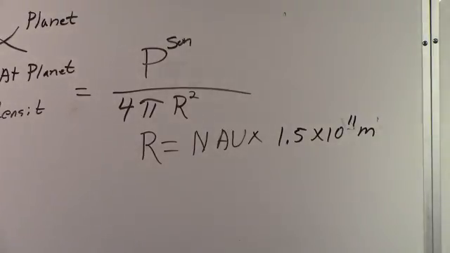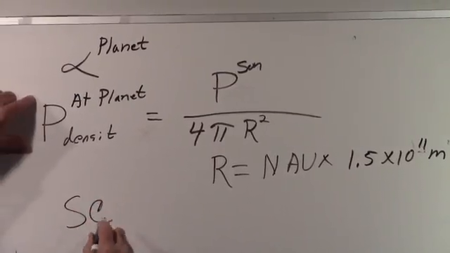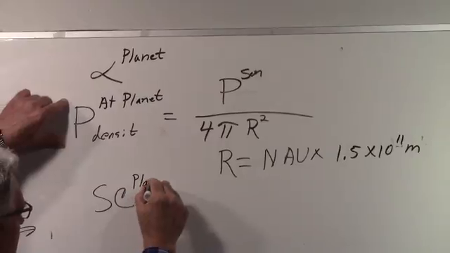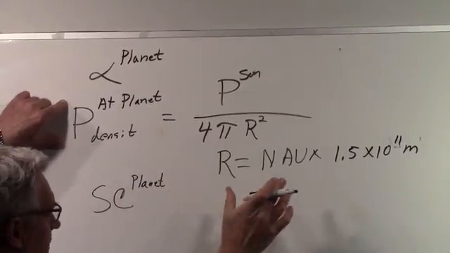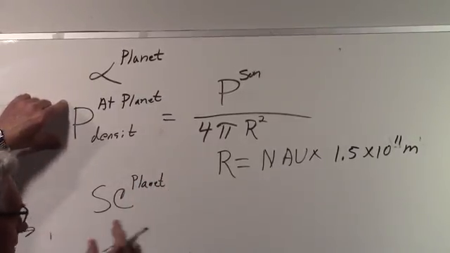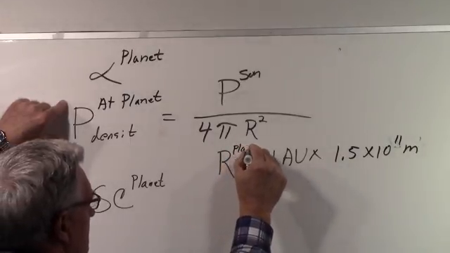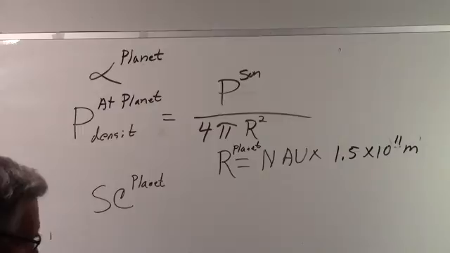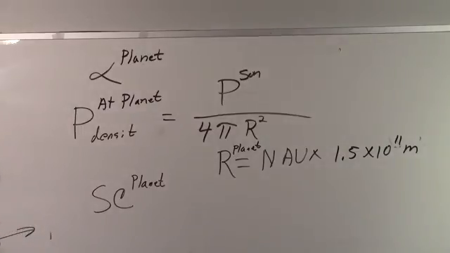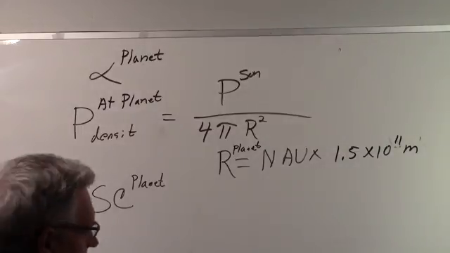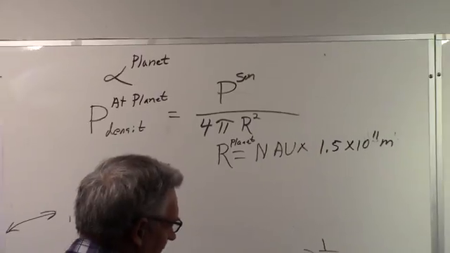So this would then become the solar constant for a particular planet, if we use the distance that the planet is from the sun. So we could substitute all that back into here, so we would have now the solar constant for the planet.